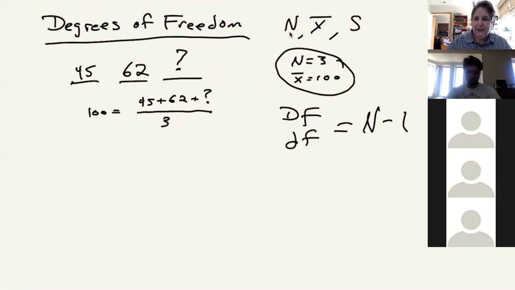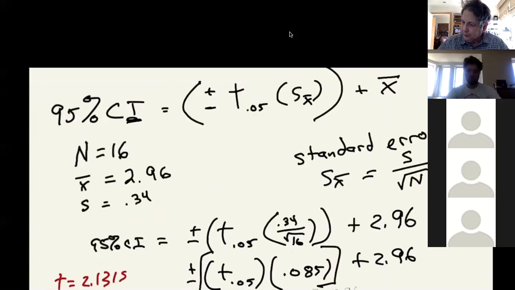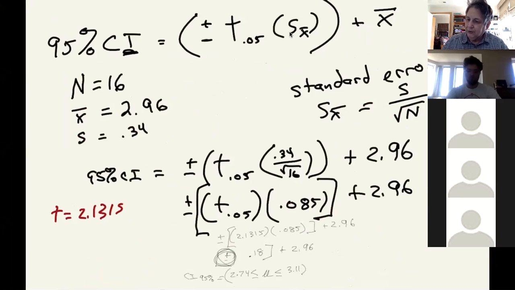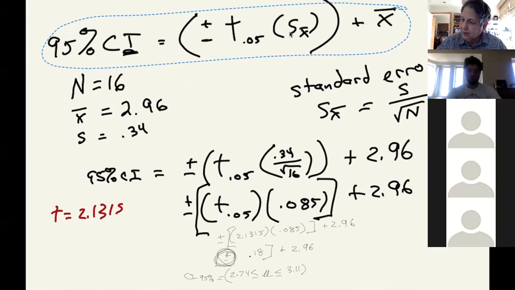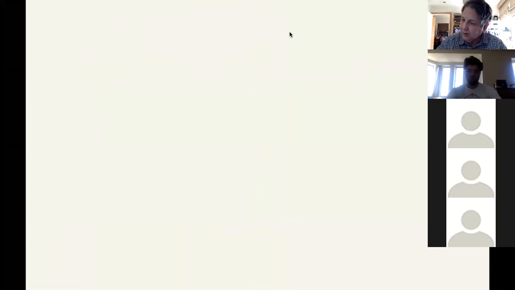That concept gets used to find the t-value that we need in a formula. The t-value for confidence intervals. Here's the formula, this top line is the formula for the 95% confidence interval, and it's got a t-value in it. I'm going to grab this thing and put it on a new page for us. How do I get to say paste?